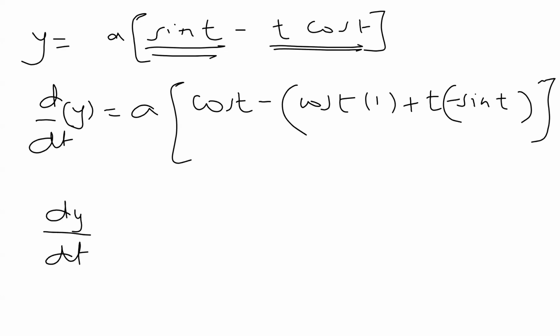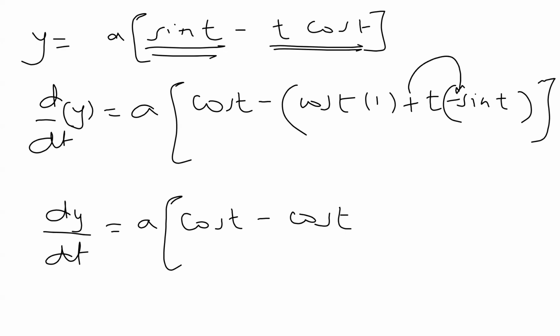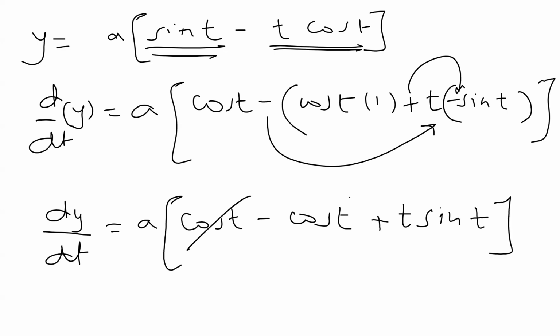So dy by dt is equal to a cos t, okay, minus cos t. Now this plus into minus is minus, and that minus into this minus is plus. So plus t sin t when you open the bracket. So this is gone. So we are left with only t sin t, right?